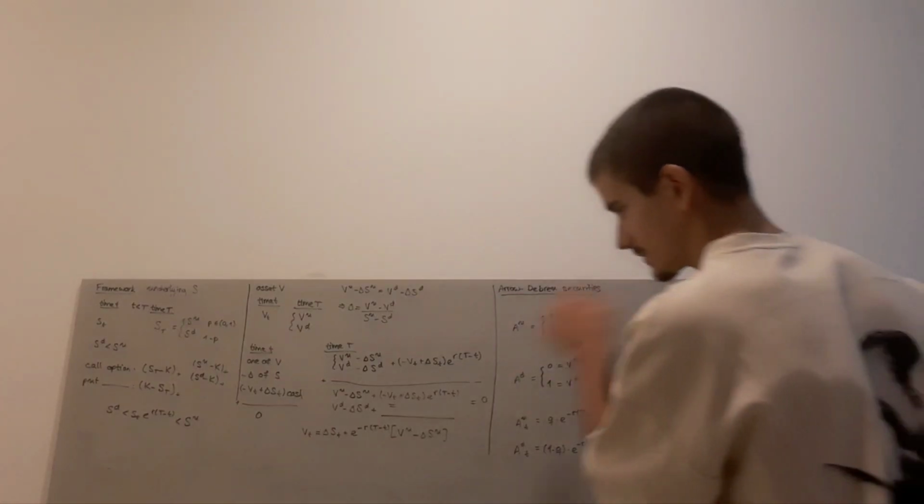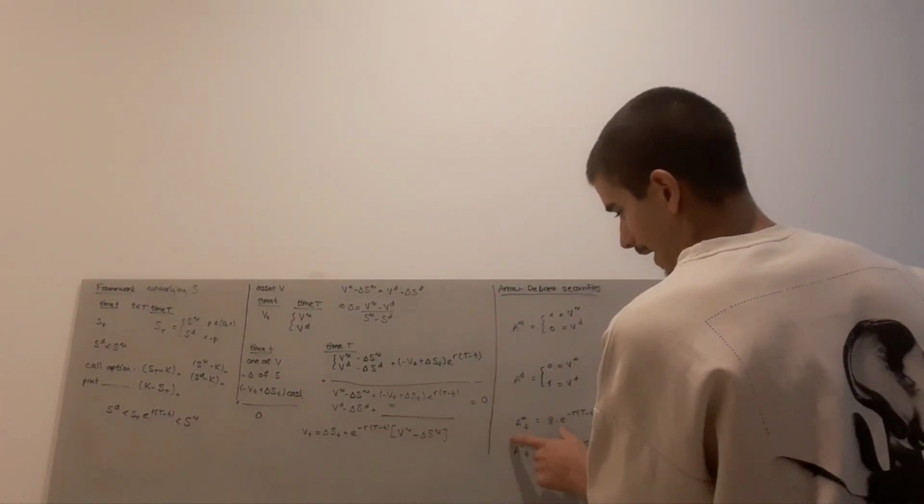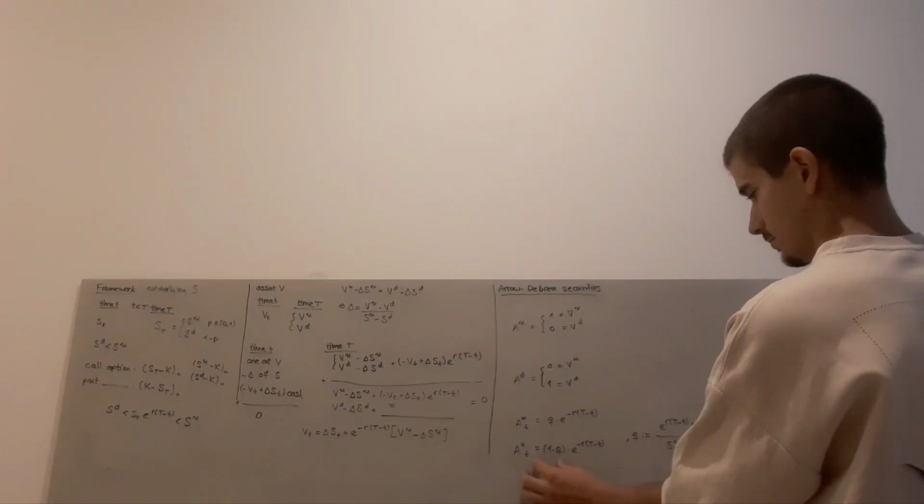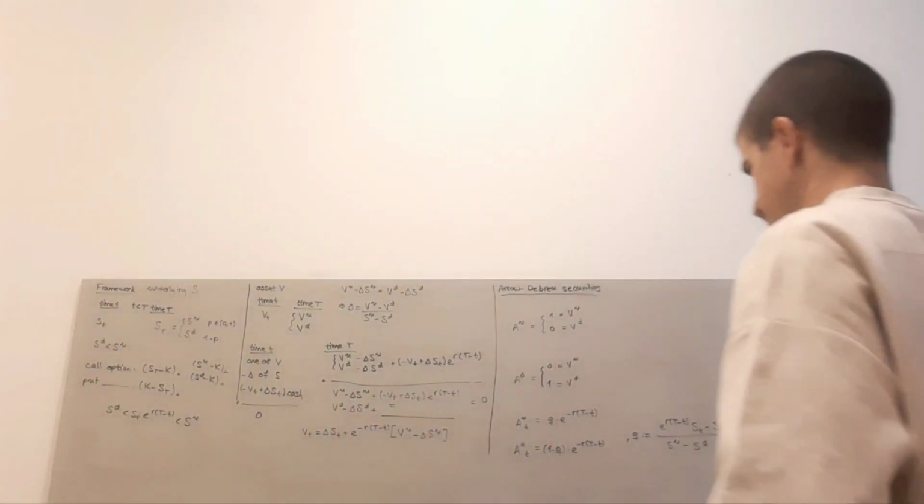So if you substitute these values into here, you get that AUt is this, where Q is this, and ADt is the corresponding amount.